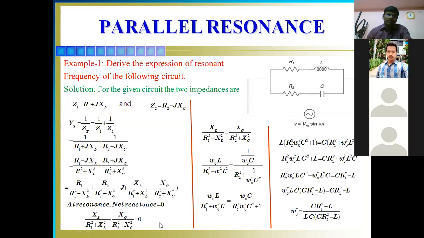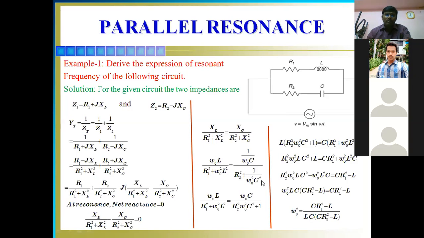Then if you bring it to the right side, you get positive. Substitute XL and XC values in terms of omega naught: omega naught L by (R1 square plus omega naught square L square) equals (1 by omega naught C) by (R2 square plus 1 by omega naught square C square).